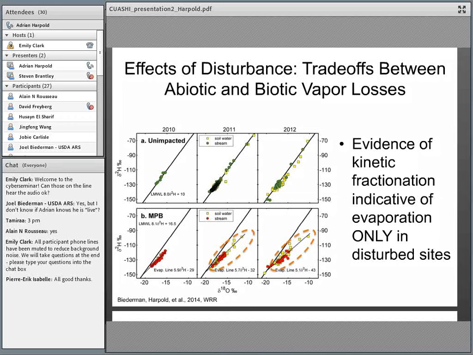So the water isotope values are plotting below the local meteoric water line, the black line, only at our mountain pine beetle affected sites for both soil water and stream flow, strongly suggesting evaporation processes that are indicative of kinetic fractionation, and potentially only at our pine beetle observed sites. So there is some evidence here of soil evaporation.